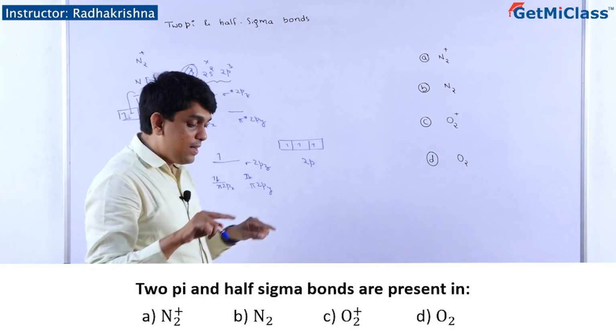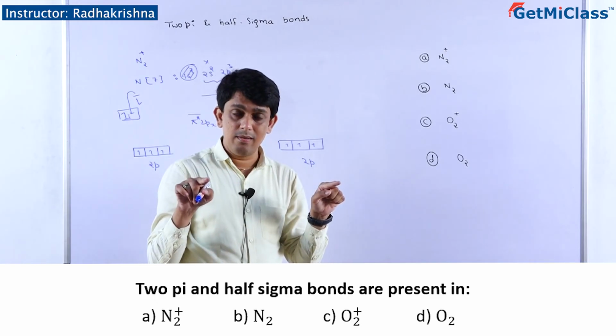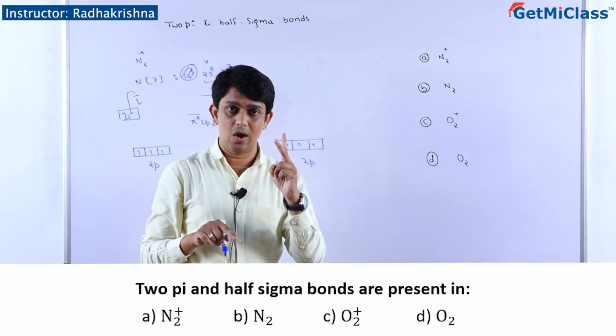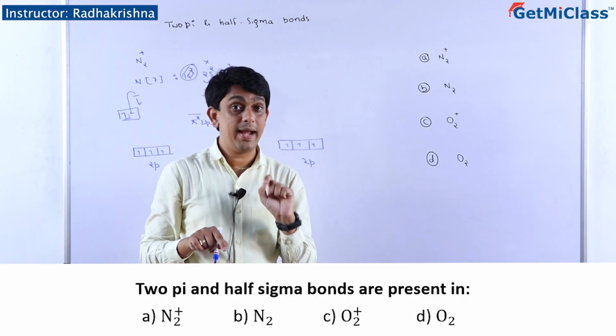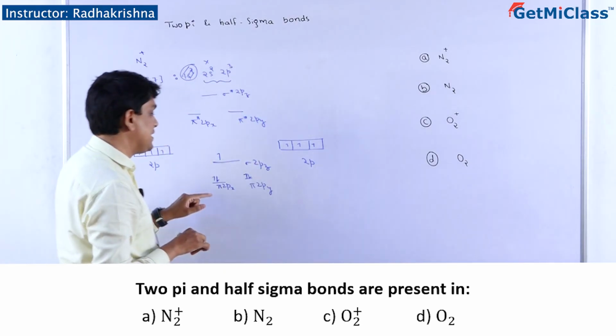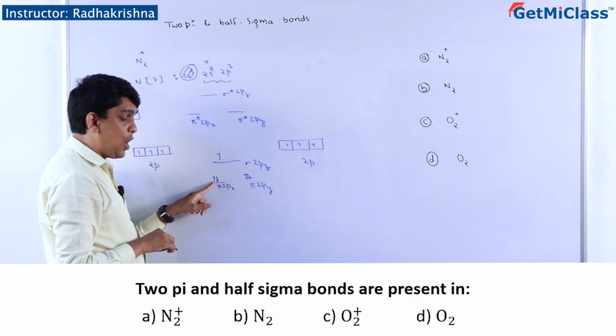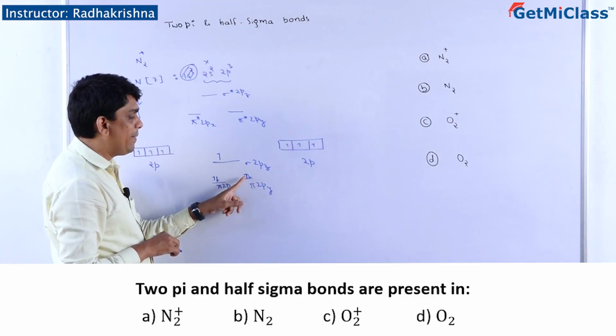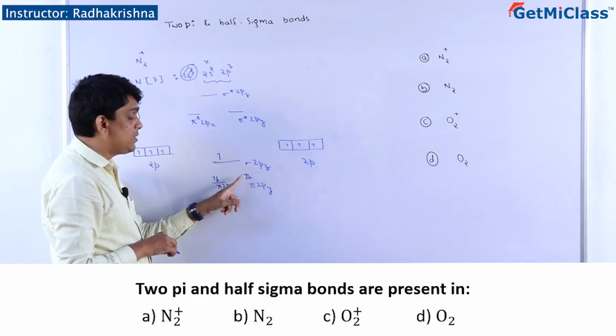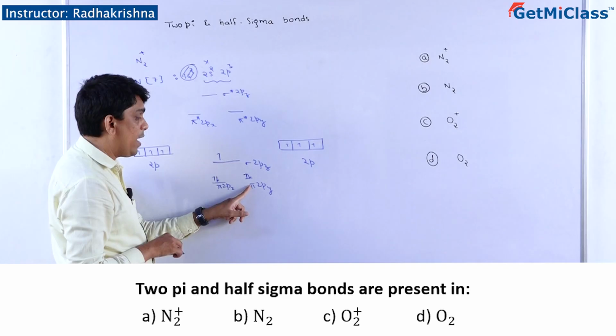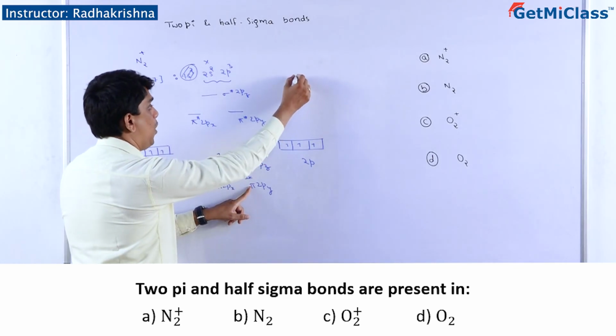Always remember, one bond is made up of 2 electrons. See this: a pi bond is made up of 2 electrons. So 1 pi bond, 2 pi bonds.